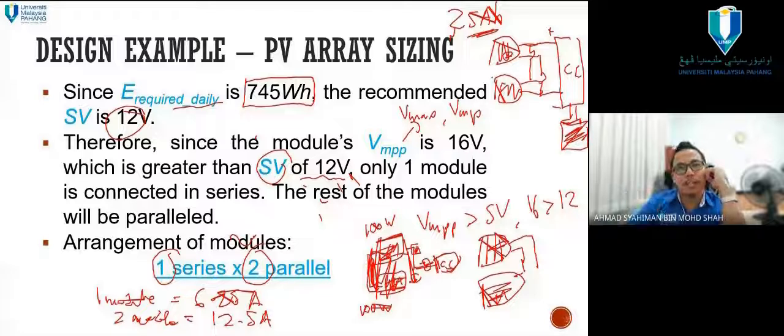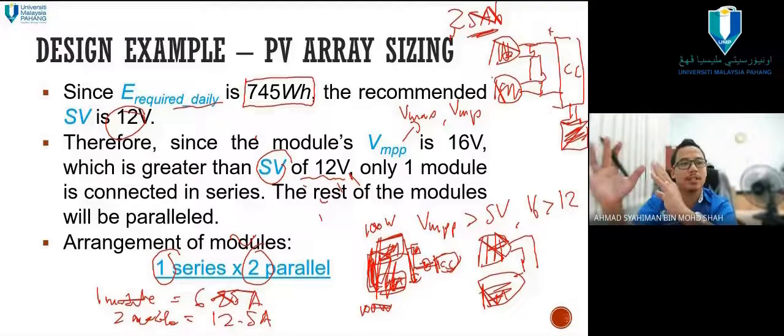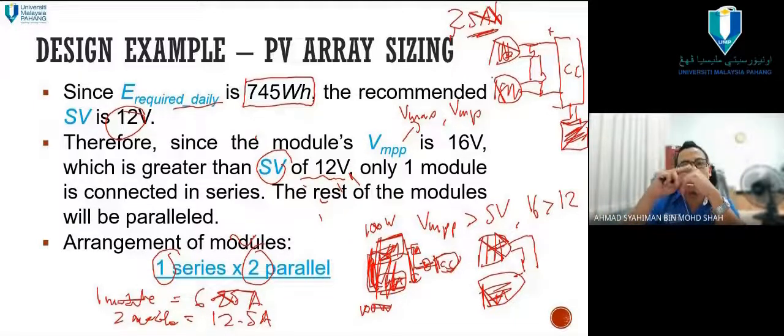Maksudnya higher irradiance, current tu memang drive 12.5 aja for 2 hours straight. So within 2 hours your battery should be fully charged. That is the benefits of paralleling your modules. Okay?